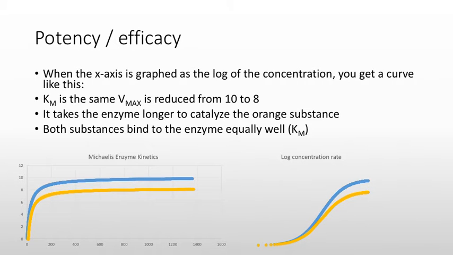And this is actually difficult to see on this particular graph, so I'm going to exaggerate it a little bit. I'm going to go ahead and draw, this is my graph, and then I'm going to have another graph where I'm going to start out at 0 again. I'm going to change the color to green, and I'm going to graph this as a reduced Vmax.